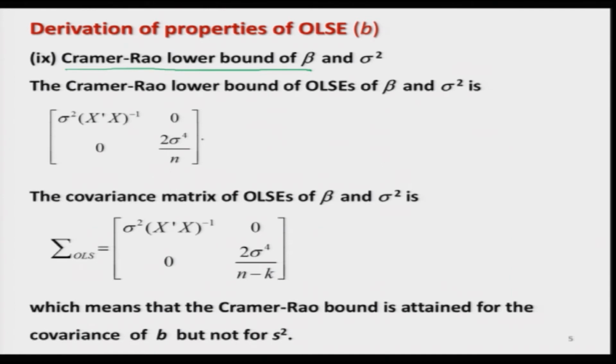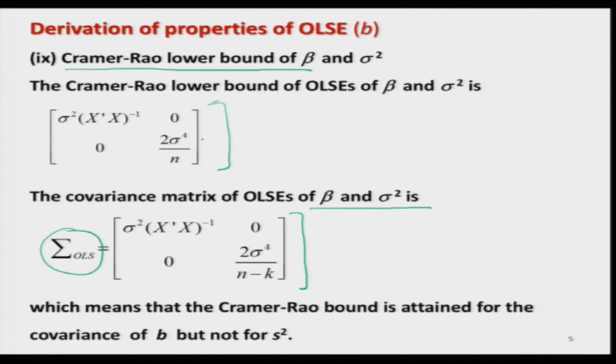There is a whole theorem, and I am not explaining the entire theorem here, but if you use that theorem to find the Cramer-Rao lower bound for the ordinary least square estimators of beta and sigma square, it will come out like this. If you find the covariance matrix of the OLSEs of beta and sigma square, it will come out like this, which is indicated as sigma OLS.